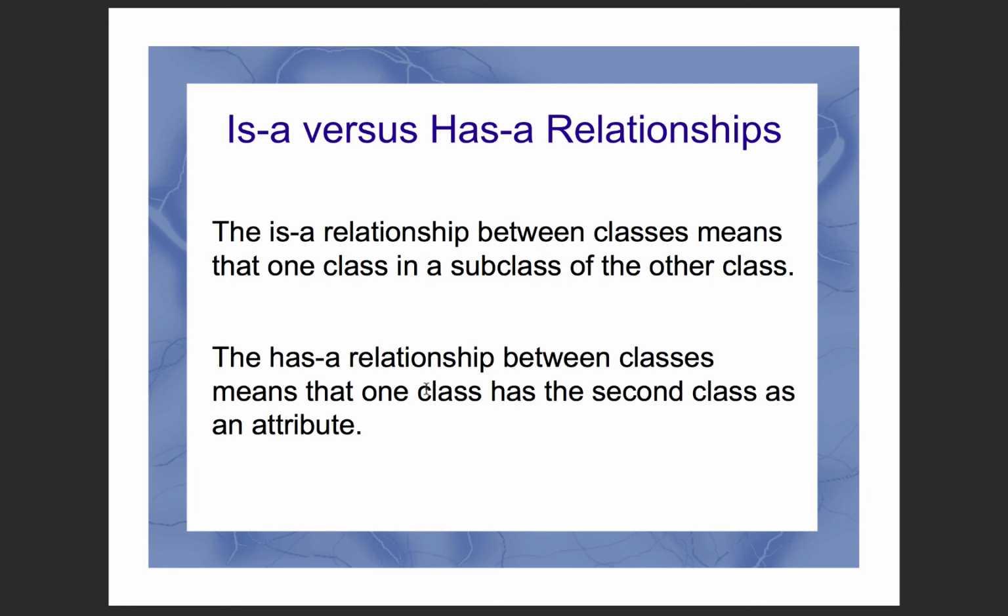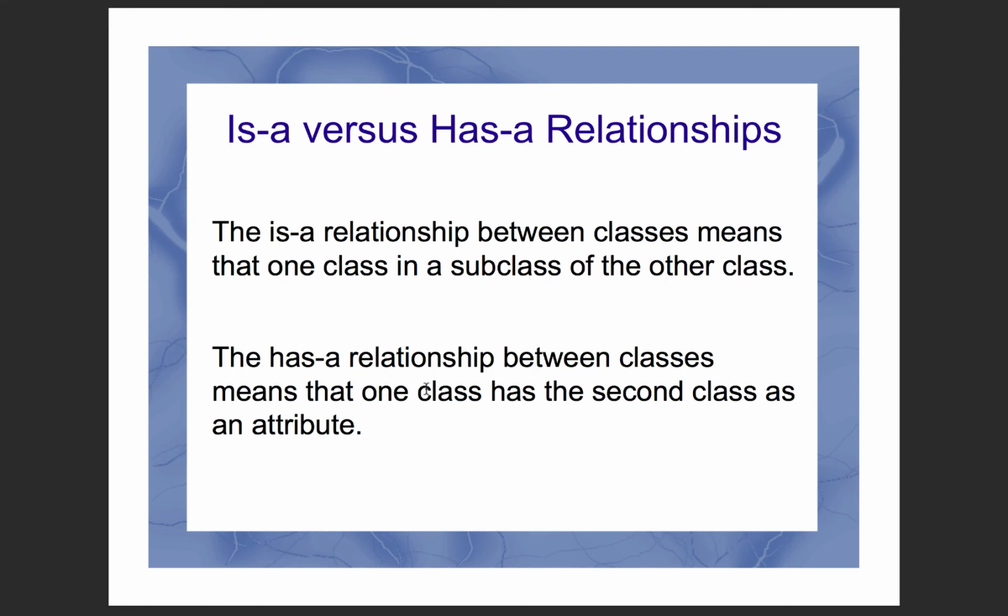So what about the has-a relationship? A has-a relationship between classes means that one class has the second class as an attribute. For example, we can declare an object of a class inside another class. Then we can say that the second class has some properties of the first class.